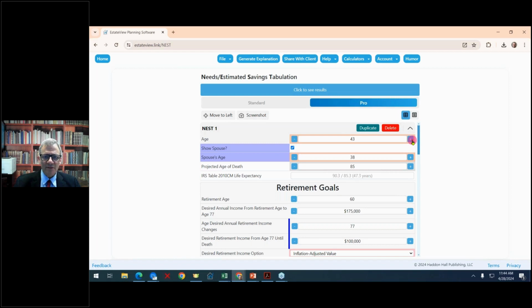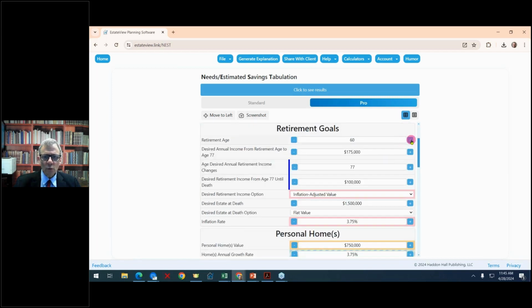So let's say I have a 45-year-old now, married to a 42-year-old, planning to make it to age 85, which is within normal life expectancy. Maybe we can go to age 90. What the heck? Would like to retire at age 63, would like to be able to spend $250,000 a year in today's dollars.